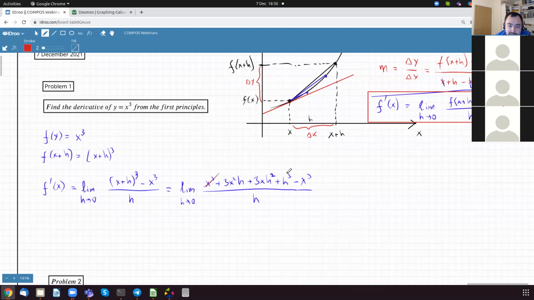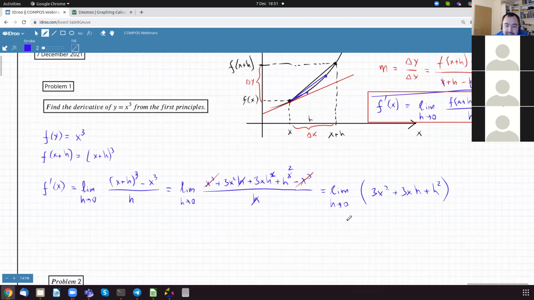X cubed cancels out, and we divide by h, so it's going to be the limit as h tends to 0 of, so h kind of cancels, 3x squared plus 3xh plus h squared.